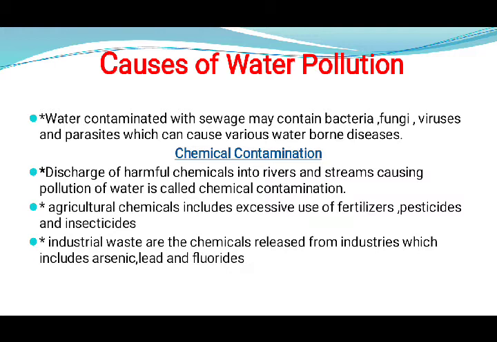Industrial waste, as I told you earlier, also consists of chemicals which are released from industries, and it may have certain materials like arsenic, lead, and fluorides, which are also responsible for the chemical contamination of water.